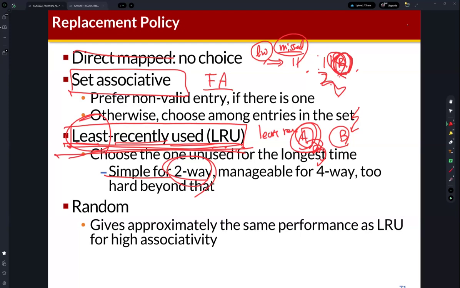That's why CPUs implement the pseudo LRU, which is similar to LRU. Sometimes we can implement the random policy, which means that the blocks to be evicted are selected randomly. Usually ARM CPUs implement the random replacement policy.